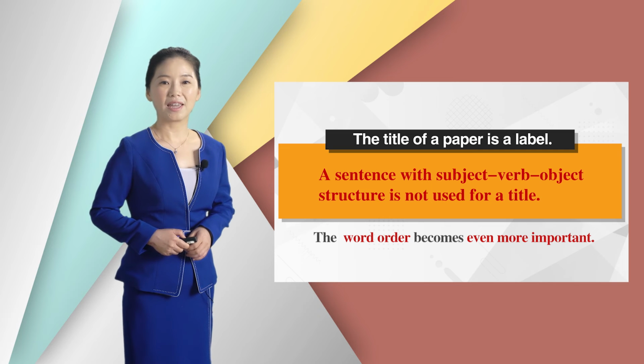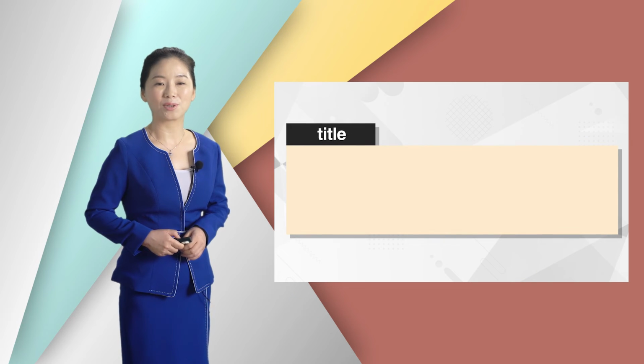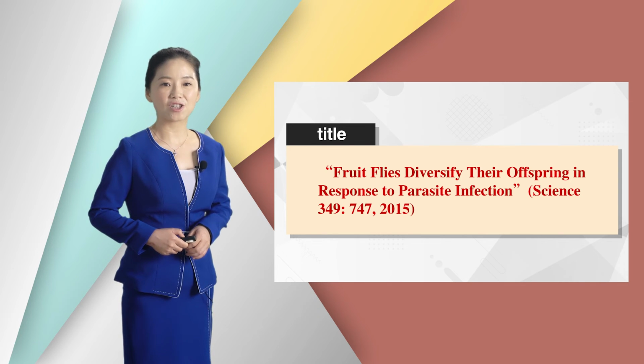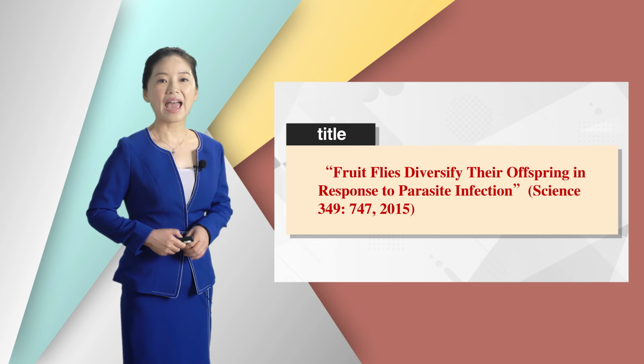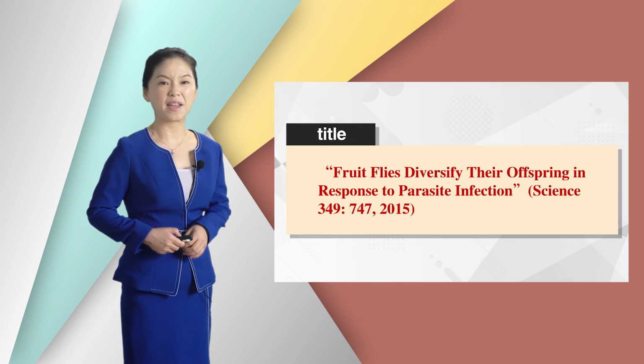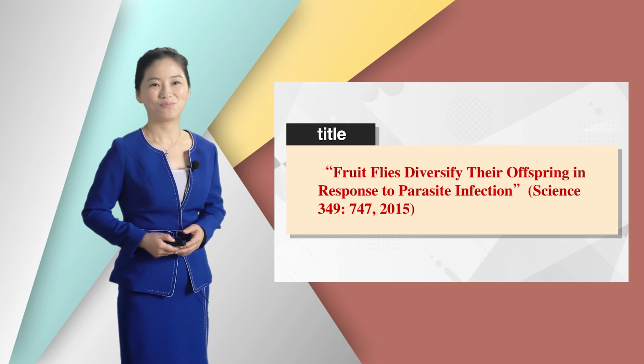Some journals, in practice, accept a sentence as a title. An example of such a title: Fruit flies diversify their offspring in response to parasite infection. After reading this title, maybe you will feel that the existence of the verb diversify makes the title seem assertive.